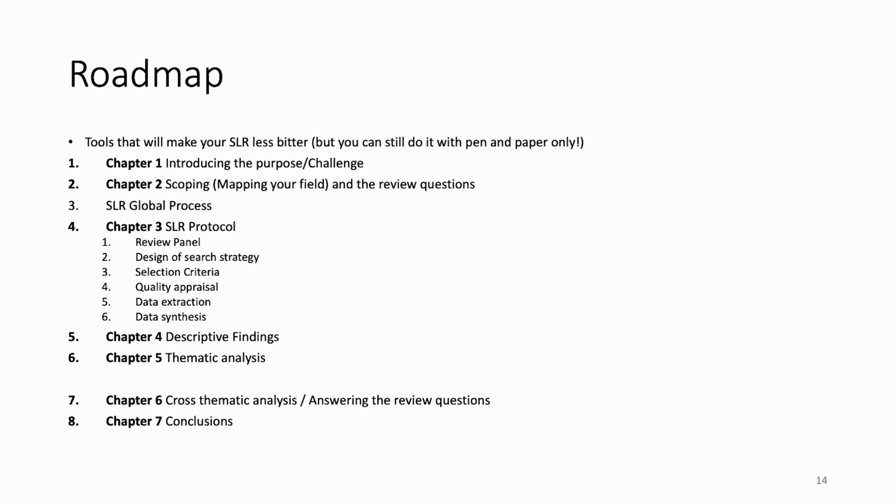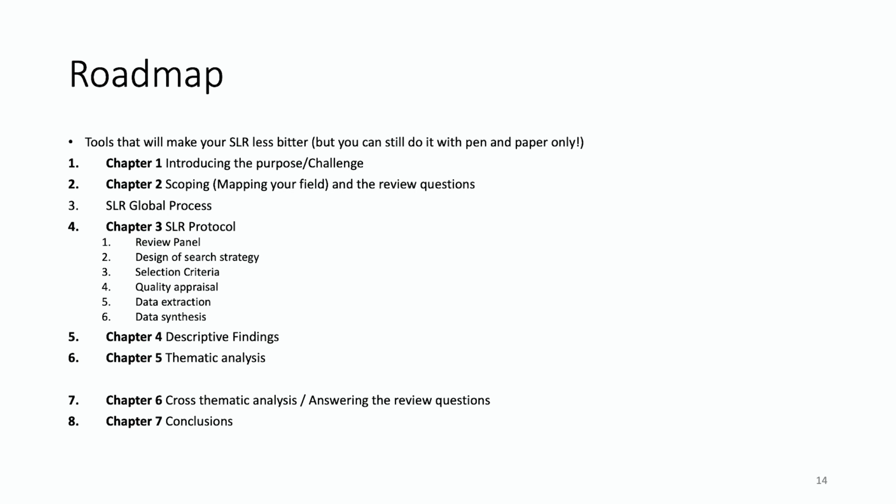And then you have the data extraction form, which should be aligned with your review questions, and data synthesis, which is how you are going to summarize the information that you find in those papers. So imagine you extracted the data, how are you going to organize that extraction? So this is the data synthesis.